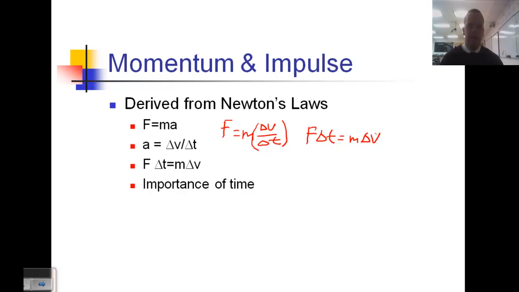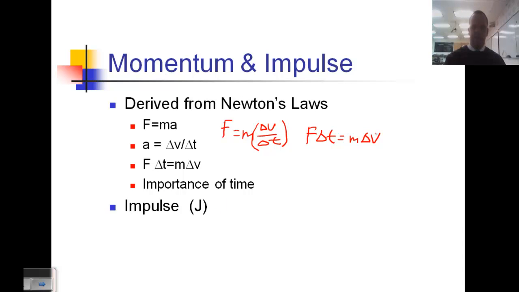Now we're talking much longer in fractions of a second, but it's 2 to 3 to 4 times longer than it would be without the airbag. By having that additional time, the force goes down by the same amount. So if it takes 4 times longer to stop, you'd have 4 times less force on you. By decreasing the force, you therefore have less of a chance of being injured.